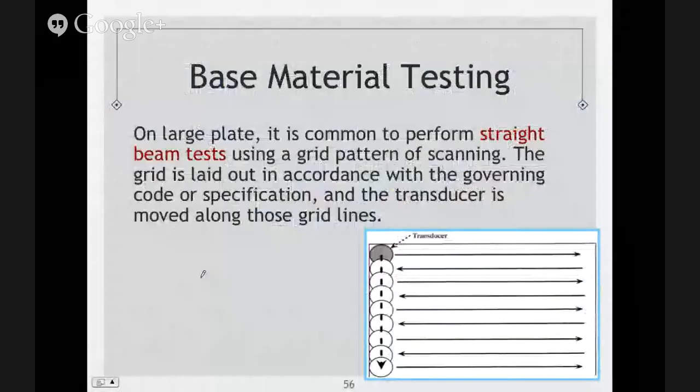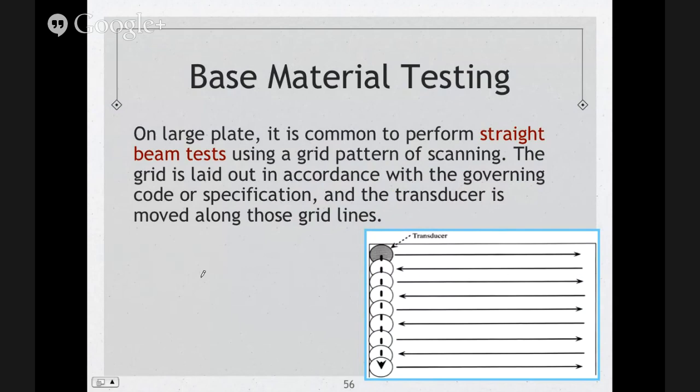Base material testing. On large plates, it is common to perform straight beam tests using a grid pattern of scanning. The grid is laid out in accordance with governing codes or specifications, and the transducer is moved along those grid lines. Again, this is a contact straight beam test. We'll scan, index, scan, index.